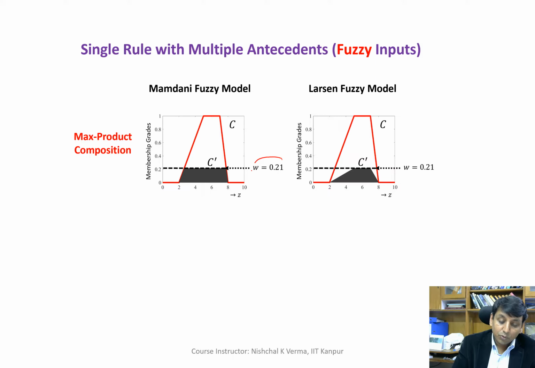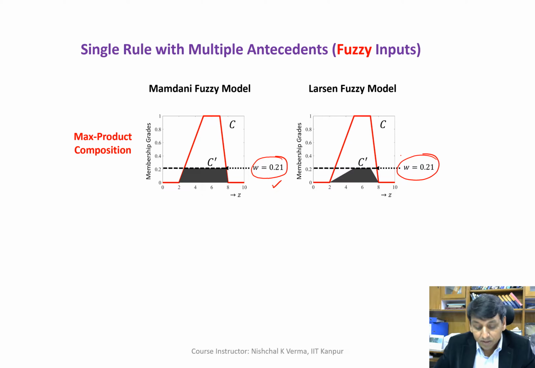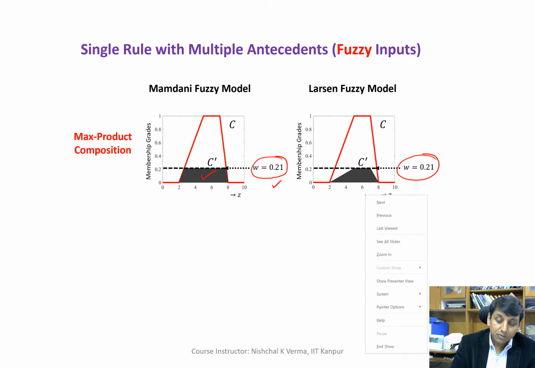The firing strength of the rule, or the weight, is the same in both the cases, and with the same rule strength, when we truncate the output fuzzy set, we get this as the output, whereas here in the Larsen fuzzy model we scale down the height, we scale down the fuzzy set. So we see the difference in the output for the same fuzzy input.